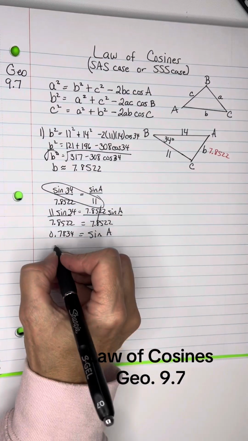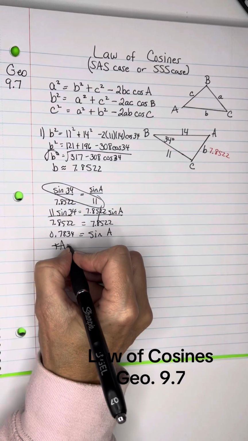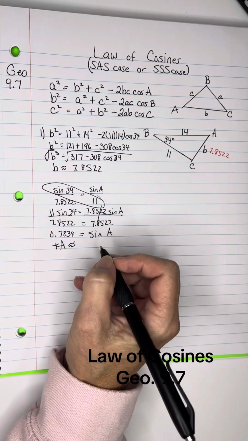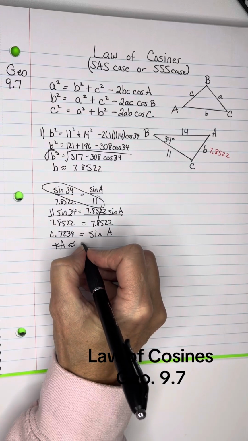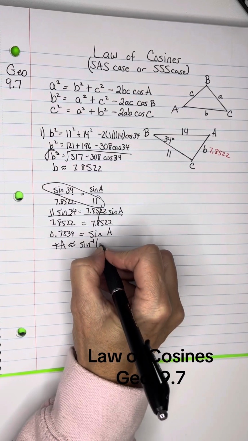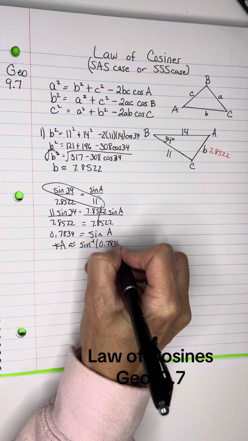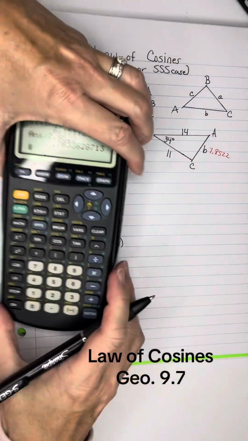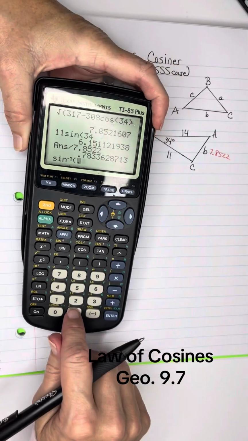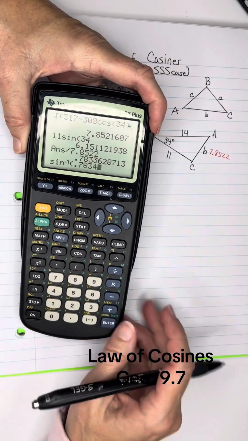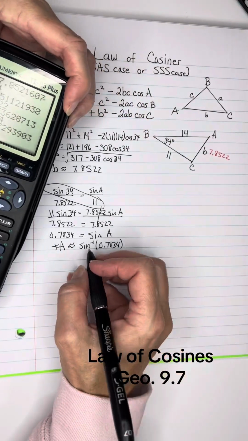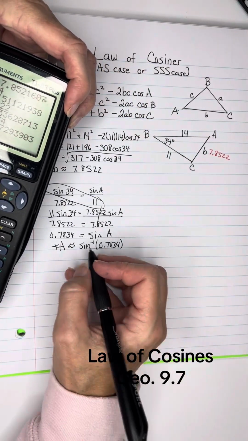To get an angle, you have to remember to use the arc button, the inverse. So angle A is approximately equal to arc sine of 0.7834. So second sine, 0.7834, is 51.57. We can now round that off to about 51.6.